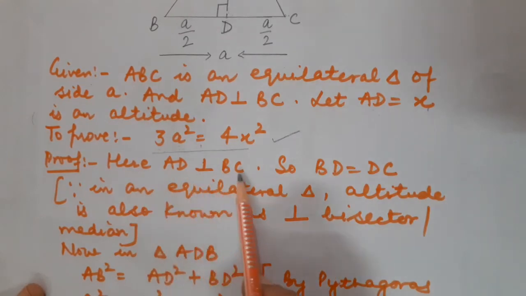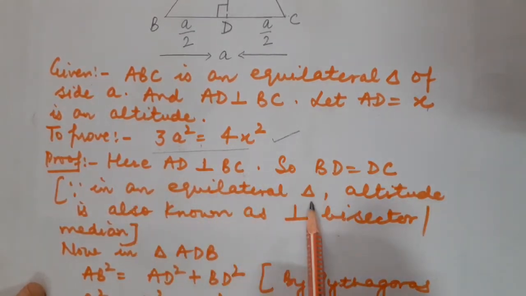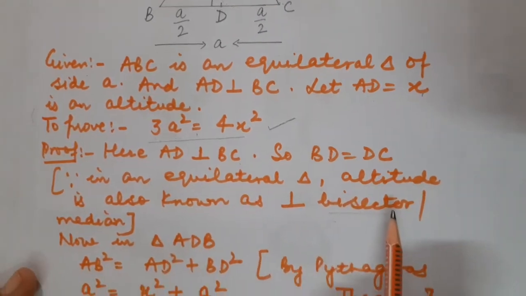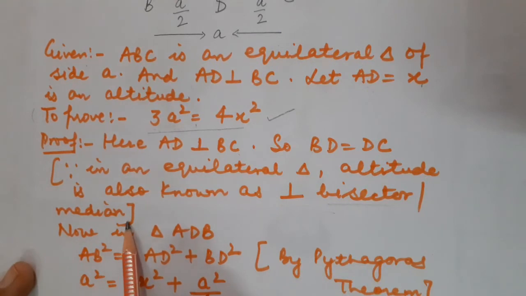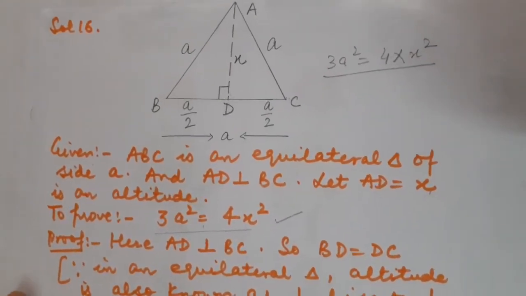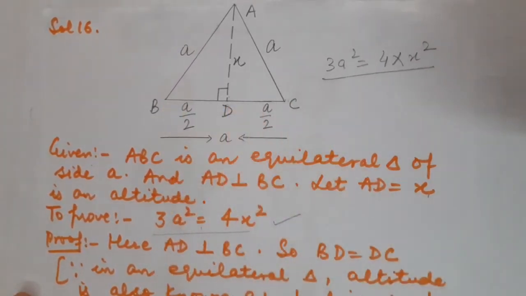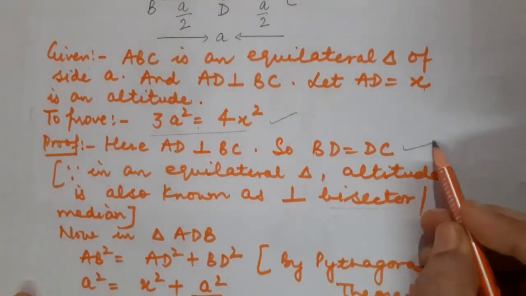Here AD is perpendicular to BC. In an equilateral triangle, altitude is also known as perpendicular bisector, or you can even call it a median. So, if it is a median, it is going to divide the opposite side in two equal parts. So, can I write that BD is equal to DC? Of course, this can be written.